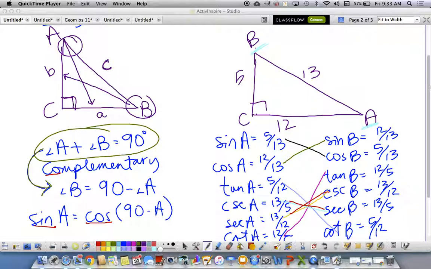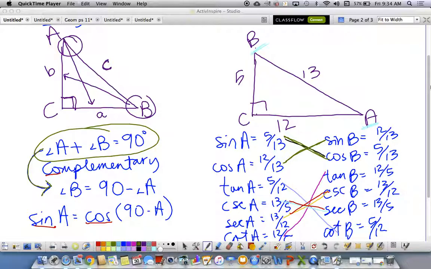So we said, after we made this connection, what did we call sine and cosine? When sine A equaled cosine B, they were co-functions. The cousins, yes. All the COs.